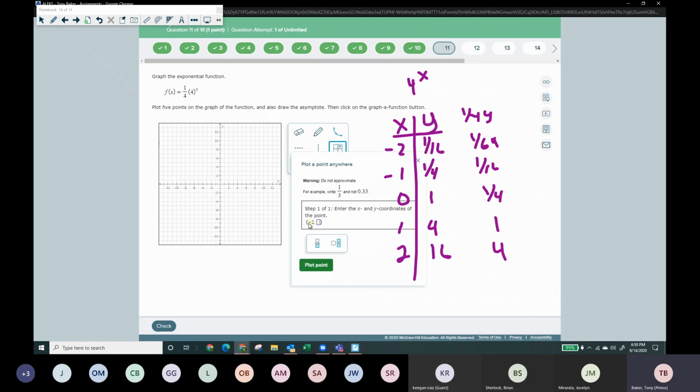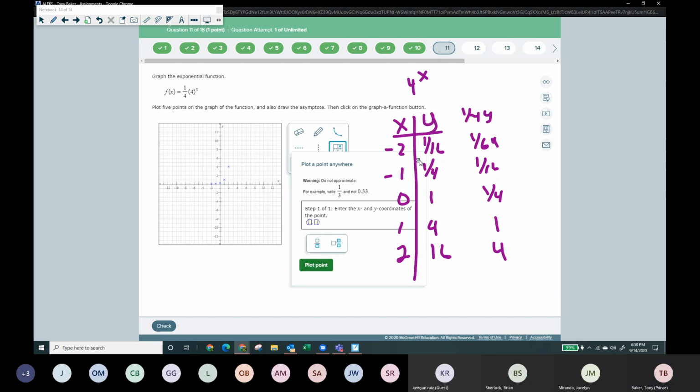So it's going to be -2 and 1/64, -1 and 1/16, 0 and 1/4, 1, 1, and 2, 4.